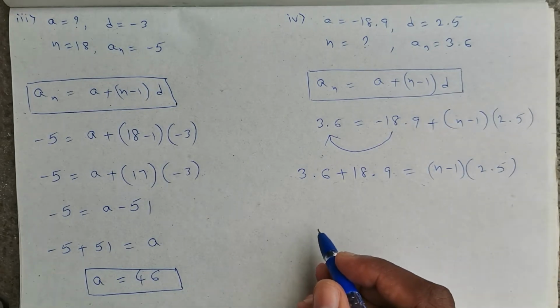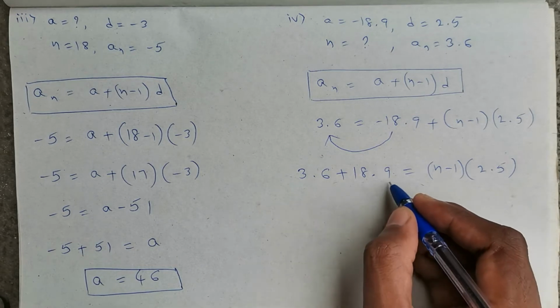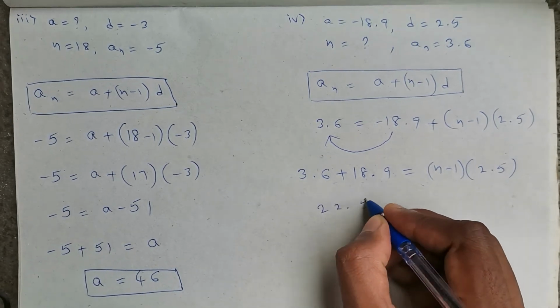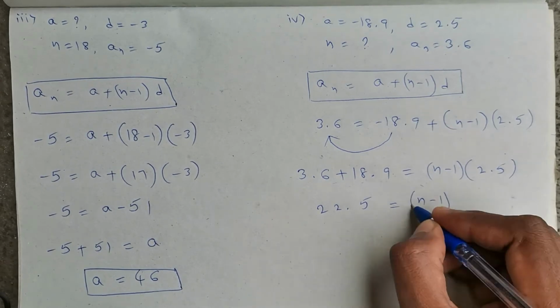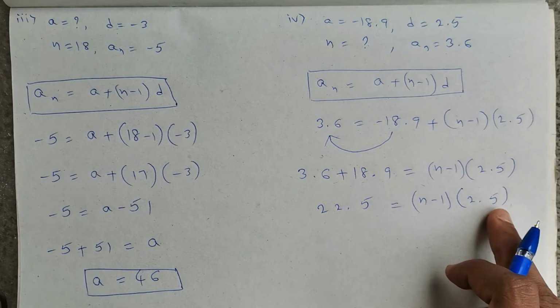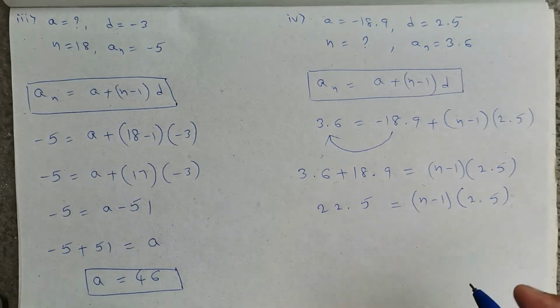Here 3.6 plus 18.9: 9 plus 6 is 15, 5 and carry 1, 9 plus 1 is 10, 10 plus 1 is 11, 22, so 22.5 equals (n minus 1) into 2.5. Now I will bring this 2.5 also to the left side, it will become division.